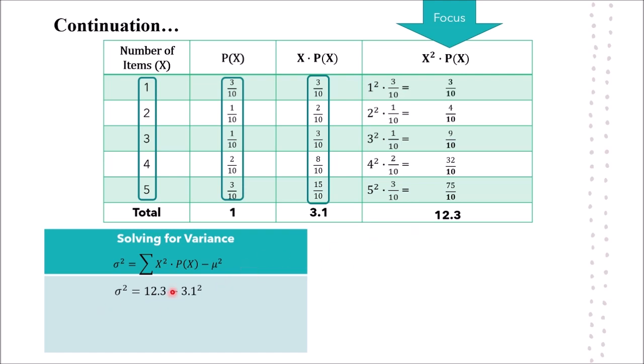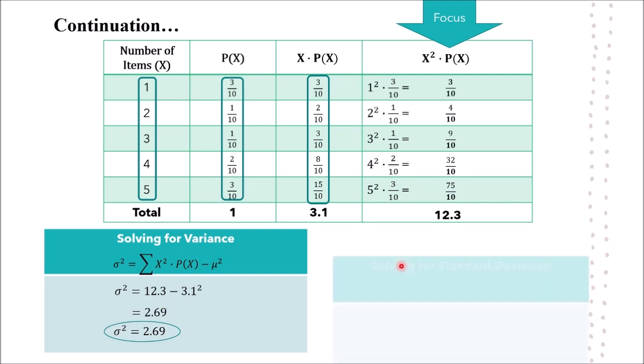The summation of x squared times p of x is equal to 12.3, and the value of your mean is 3.1, so just copy the square on top of it. Now we are ready to solve. Use your calculator to get the difference, and the answer is exactly 2.69. Therefore, our variance is equal to 2.69.